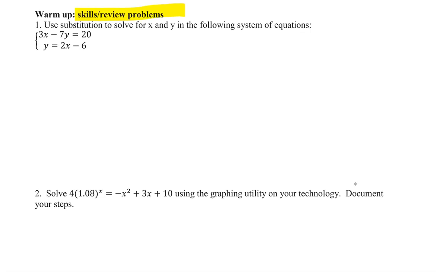The first one: use substitution to solve for x and y in the following systems of equations. 3x minus 7y equals 20 and y equals 2x minus 6. As you can see here, the second equation gives a value of y, which is equal to 2x minus 6.